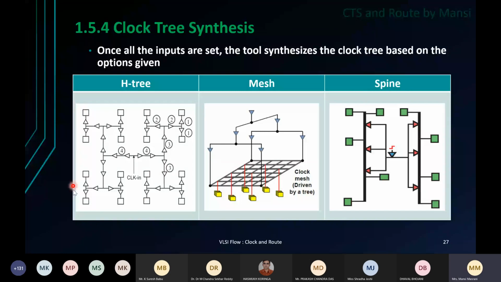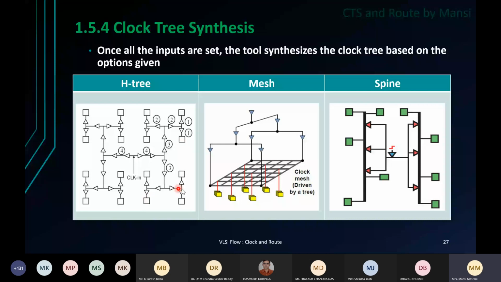My clock port was somewhere over here. So from here, I will take the clock to the center of the design first. And from that, I'll start splitting it into H's. You see these H's? That means that it is trying to balance the delay for all.